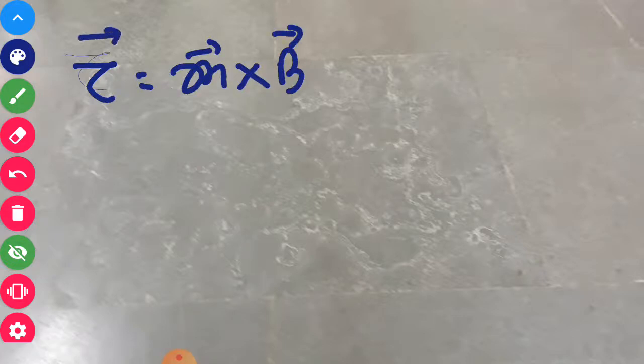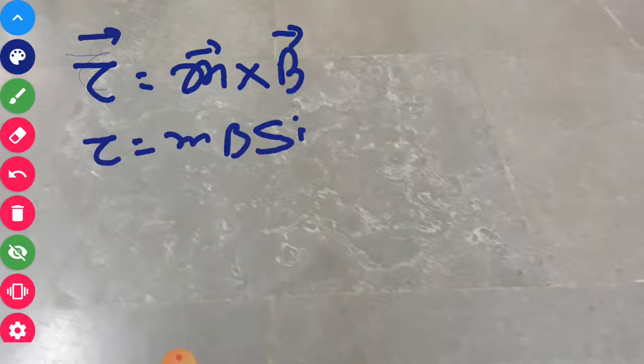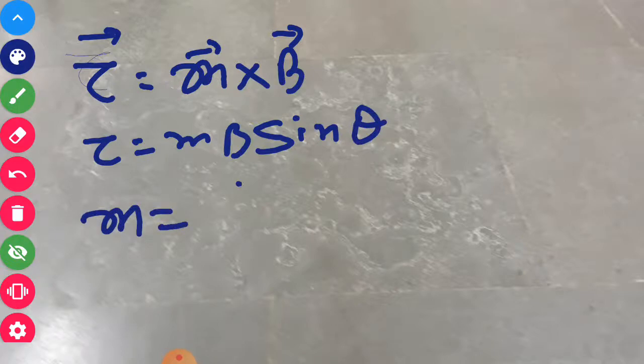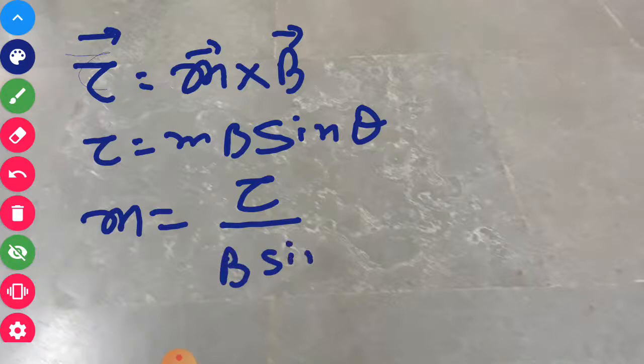Tau is equal to m cross b, and that will be equal to mb sin theta. So m will be equal to tau upon b sin theta.